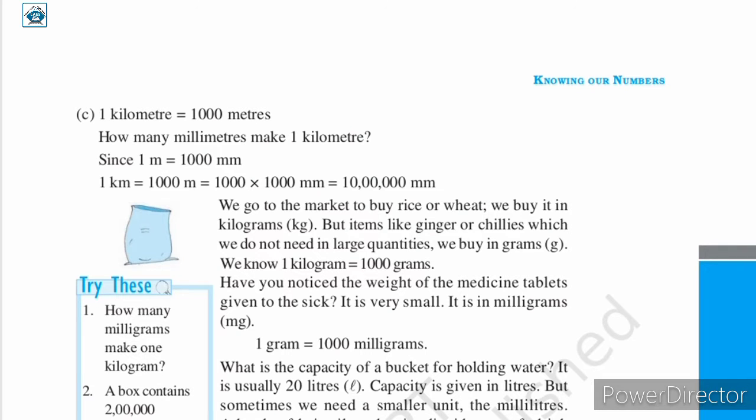So their weight is very small. It is in milligrams. So 1 gram is equal to 1000 milligrams. This is the conversion. 1 kilogram is equal to 1000 gram and 1 gram is equal to 1000 milligrams. These are the units of weight.